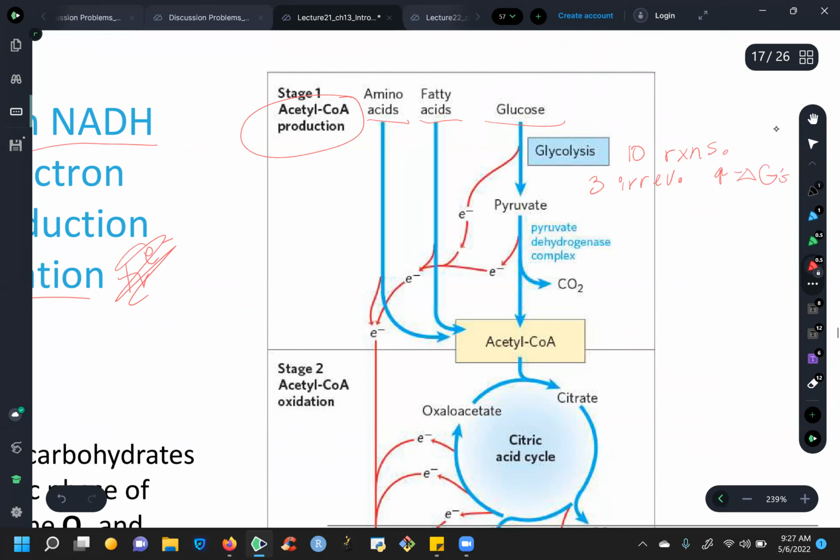At the end of the 10 reactions, you end up with pyruvate. So glucose, we have to remember, was a 6-carbon molecule. 1, 2, 3, 4, 5, 6. So 6-carbon molecule, and pyruvate is a 3-carbon molecule. Go ahead and erase that. Okay, so pyruvate looks like this.